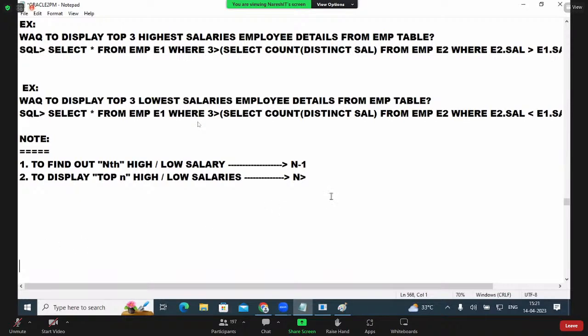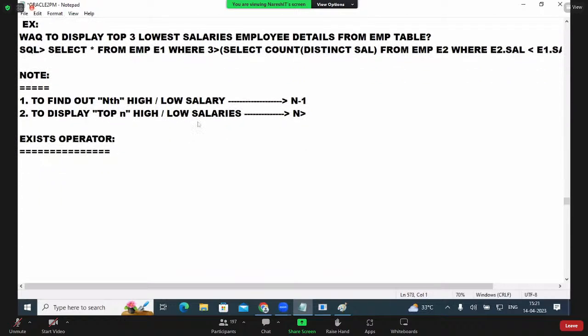Okay. So these are one type of operations with the correlated subqueries. And now the next one is the EXISTS operator.